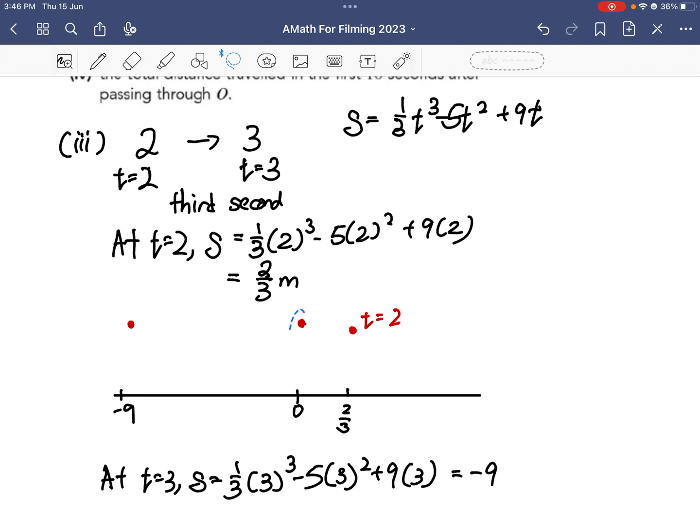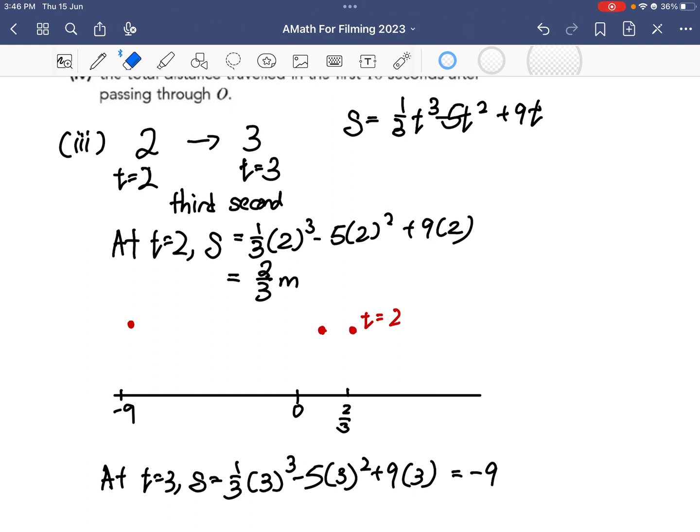It has not. If you remember from the animation I did just now, at t equals 0, it starts to move. At t equals 1, it will U-turn one time. At t equals 9, it will U-turn another time.